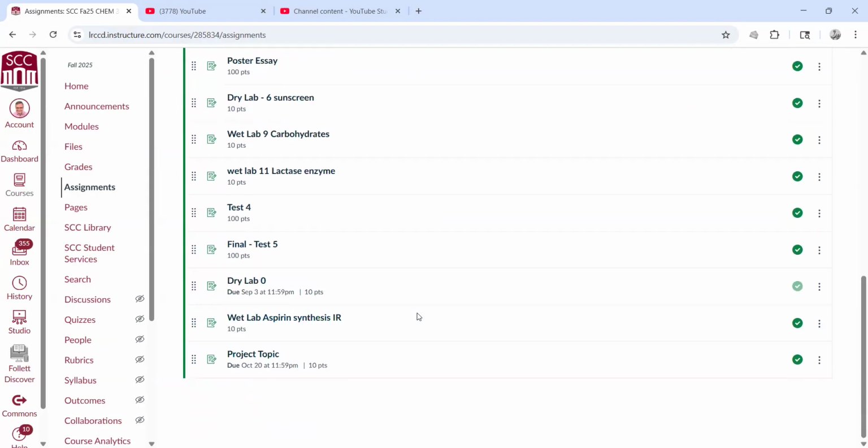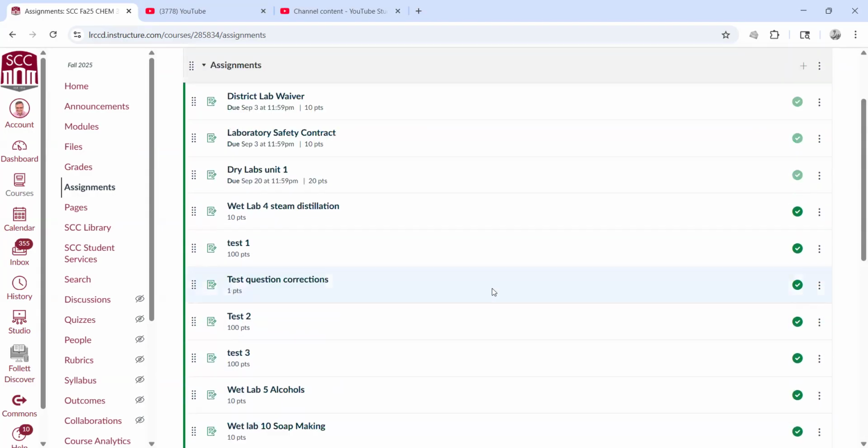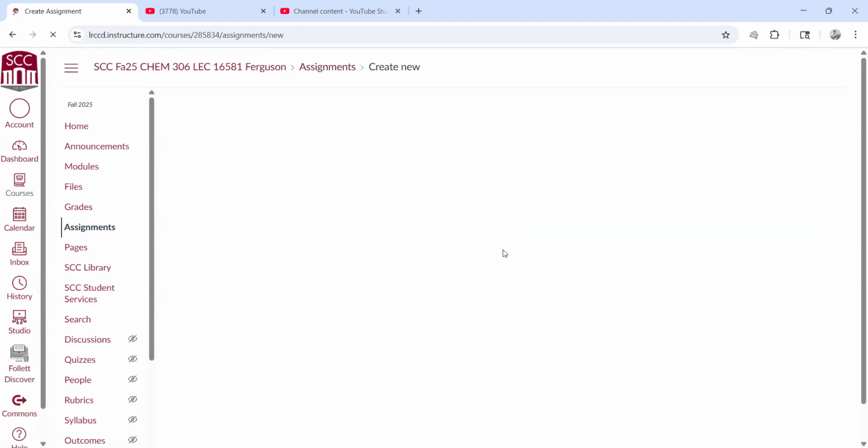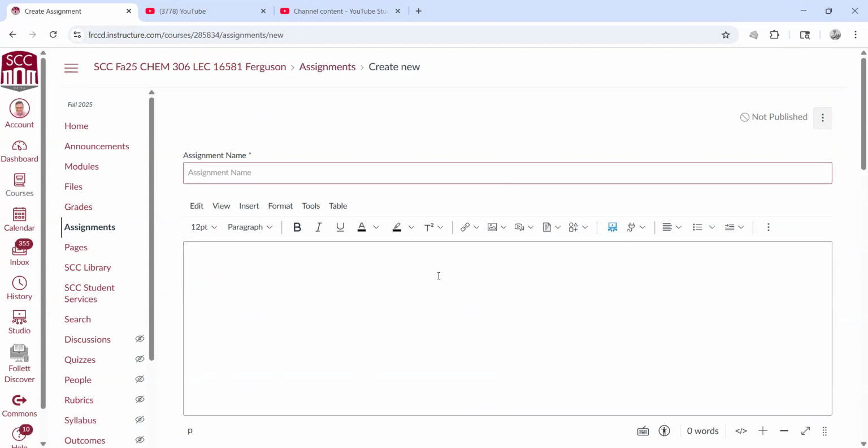Okay, I'm gonna create an assignment right now, and it's gonna be for your lab coat. And then what you do is you click on that. But we don't need to have our lab coat for the lab today? Yeah, you need to bring it.